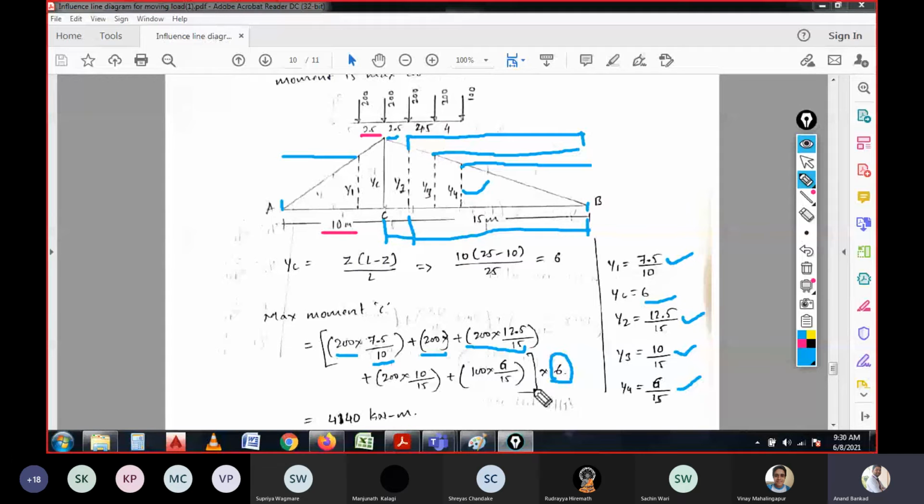So y4 is 6 by 15. Altogether we need to multiply with the yc coefficient because of the moving load. So the total moment will be 4140 kilonewton meters when the load is moving from left to right. Dear students, is that clear?